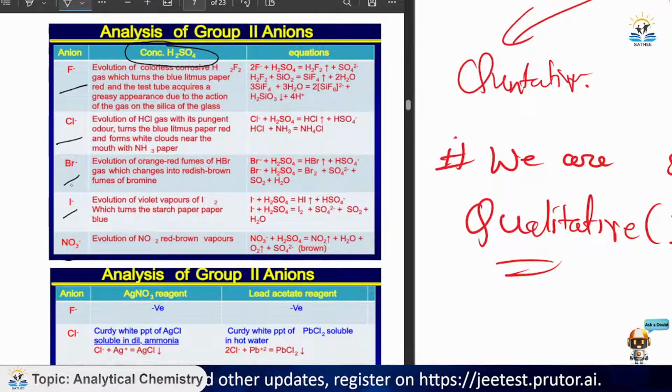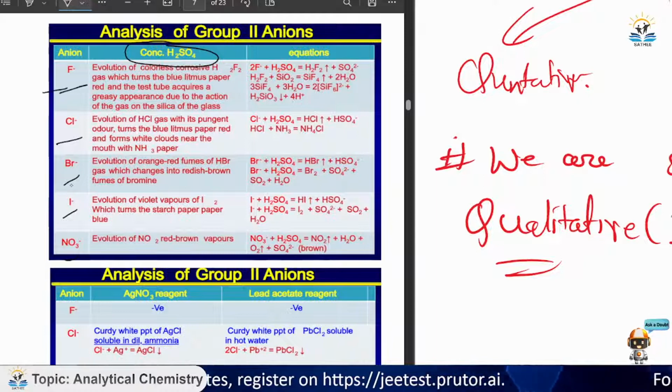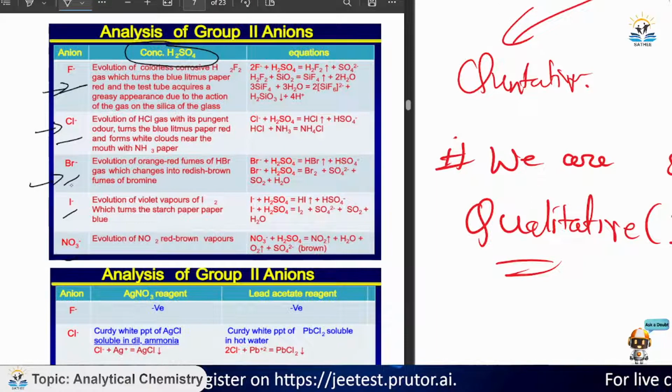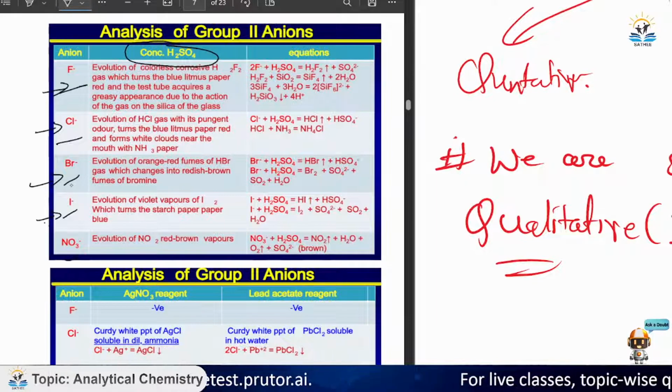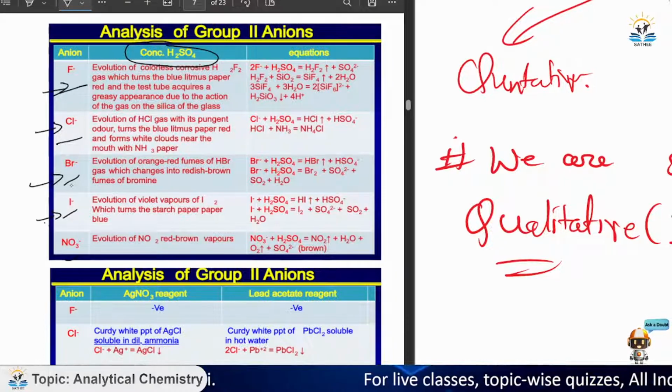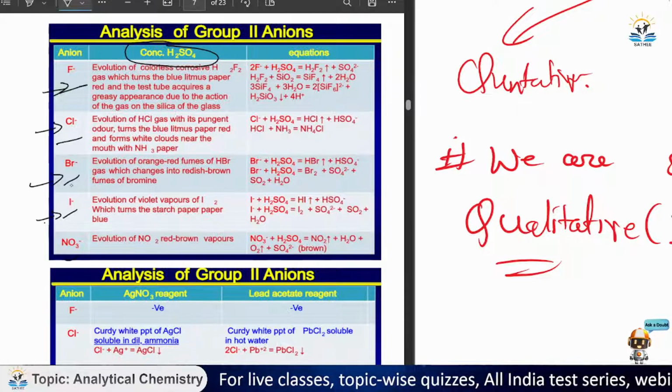To check the presence of anions like chloride and bromide, similar to before, we will perform certain chemical reactions in the confirmatory test, and on checking the precipitate, gas or some physical properties, it will confirm the anion.